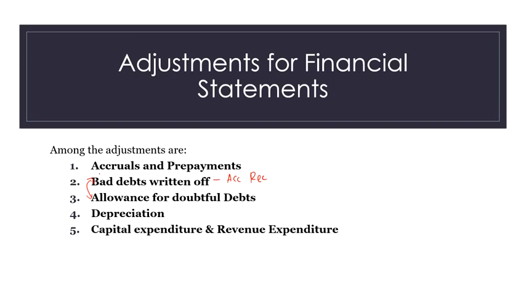It is similar, the two are related. For allowance for doubtful debt, every company will estimate what percentage of its debt will be bad debt. Okay, so we will learn that too. And then depreciation. Depreciation is susut nilai. Depreciation is related to your non-current assets only. And then last but not least, we're going to learn about capital expenditure and revenue expenditure. But this is rare. It is rarely asked in those adjustments. Okay, so the first four are the famous, popular ones that will always appear.